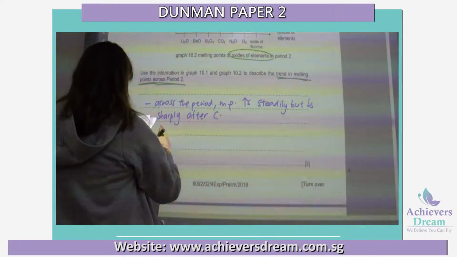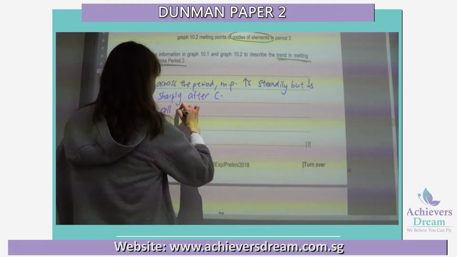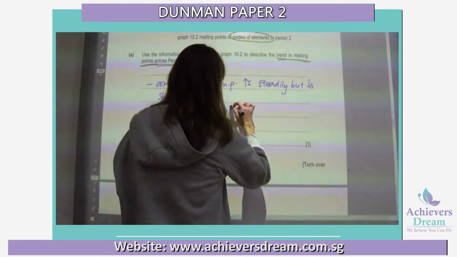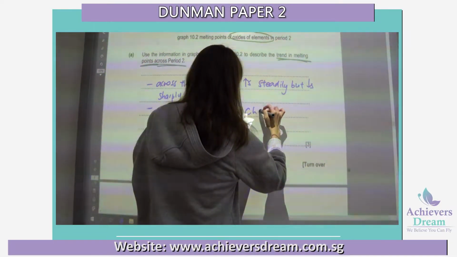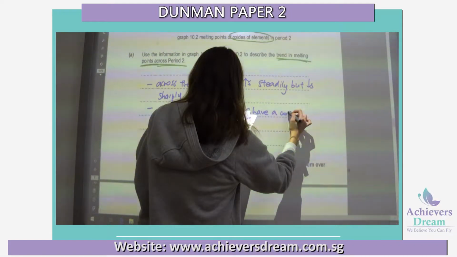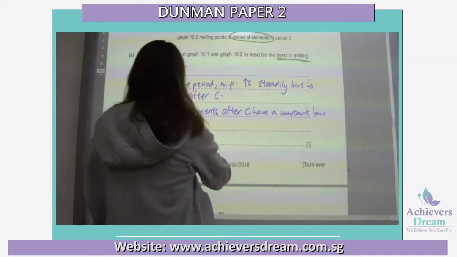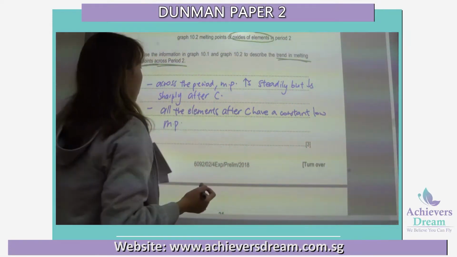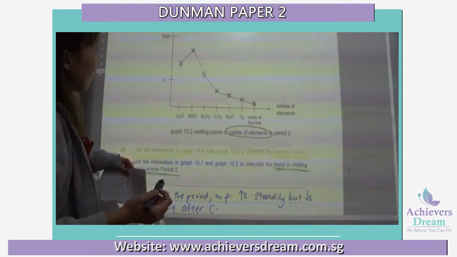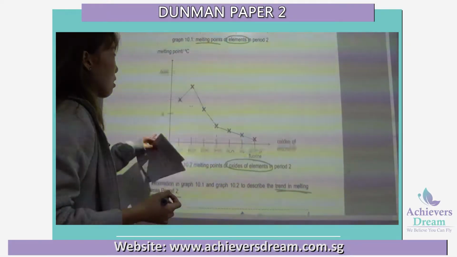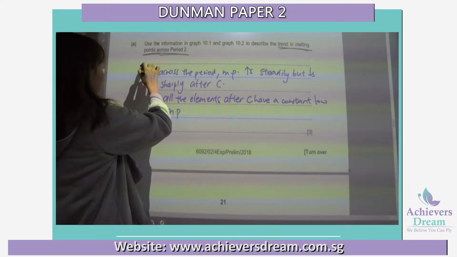Okay, then all the elements after carbon have a constant low melting point. Make sense? Okay, they all have a constant low melting point. So that's from graph 1.